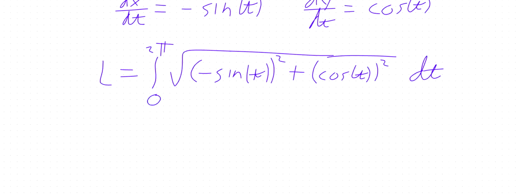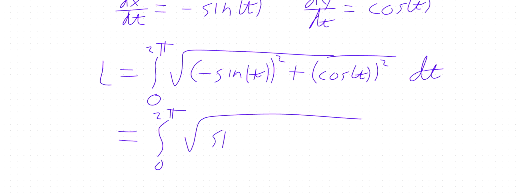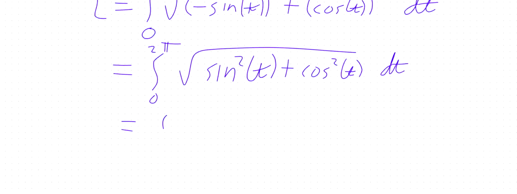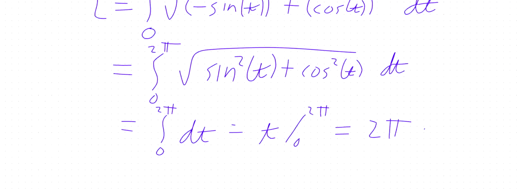So if we're squaring this, negative sine squared would just give us a sine squared plus a cosine squared, dt. And now sine squared plus cosine squared is just 1. Square root of 1 is just 1. So we get t going from 0 to 2 pi, which gives us 2 pi units.